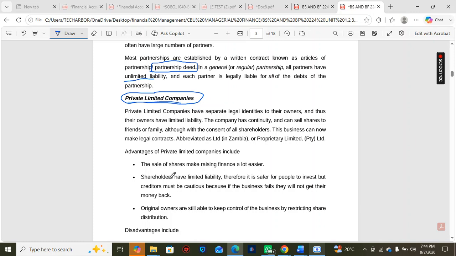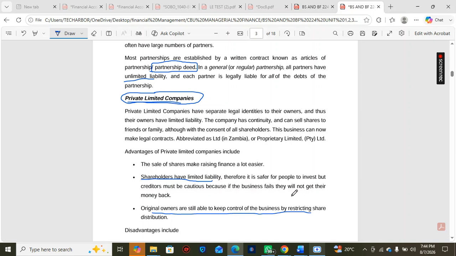Shareholders have limited liability, another advantage. Original owners are able to still keep control of the business by restricting share distribution. In a private limited company, each of you is going to have shares, which represent your ownership in that company.